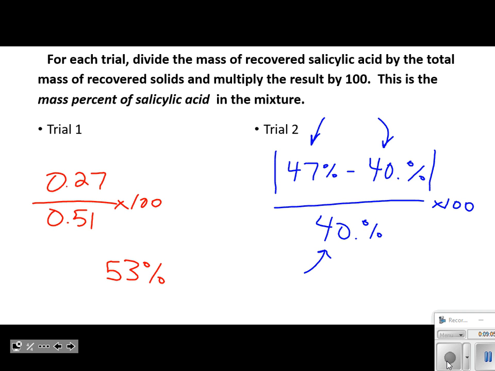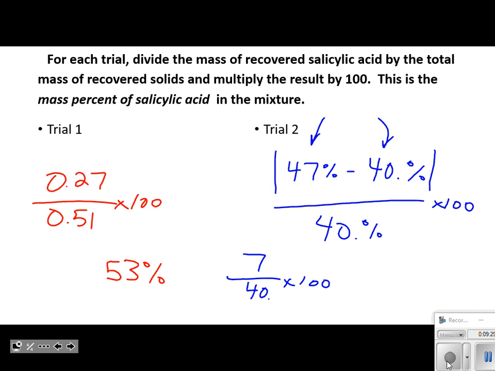So when I take this and I divide this out, I'm taking 47 minus 40. That leaves me with 7. So it leaves me with 7 divided by 40 times it by 100.